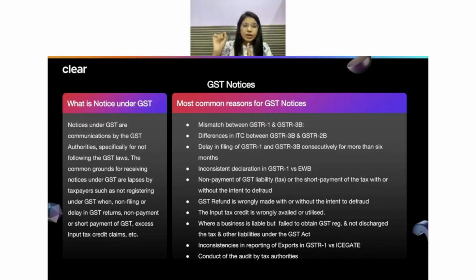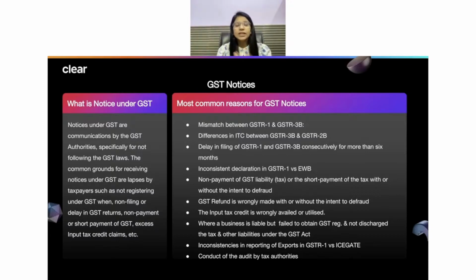But when that liability is reported in 3B, it has a separate row altogether. We know that it has to be reported in 3.1(d). So even the department, whenever they raise a notice because of the mismatch between GSTR-1 and 3B, they never consider that particular liability. That liability is altogether separate.